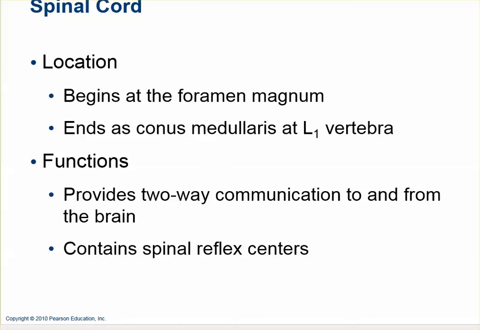The brain's motor cortex communicates with the periphery by sending signals down the descending pathways of the spinal cord and out to the periphery via the lower motor neurons. There is also an integration part of the spinal cord. There's some gray matter that is involved with reflex action, and we call those the spinal reflexes, things like the knee-jerk reflex, etc.